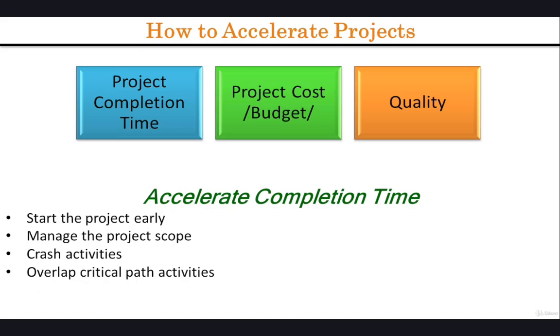Overlap critical path activities. A central assumption underlying the dependency matrix has been that an activity that is dependent on an information providing activity needs to wait until that activity is completed. However, it is often possible to allow the dependent activity to start early, relying on preliminary information from the information providing activity.